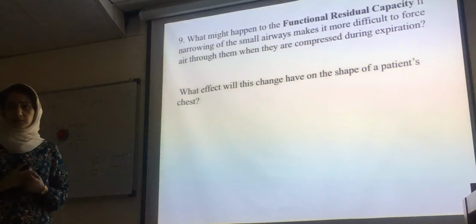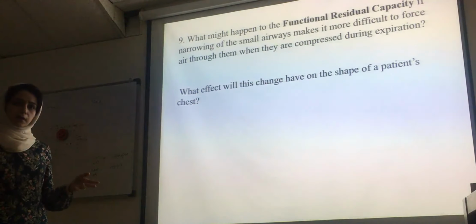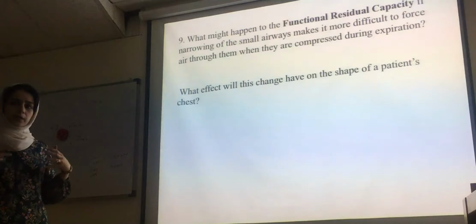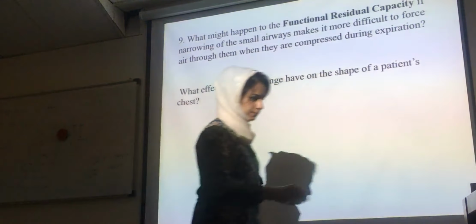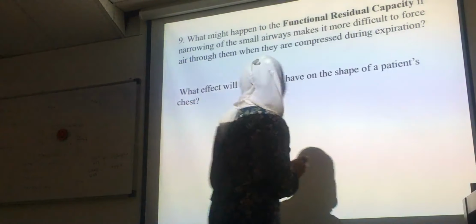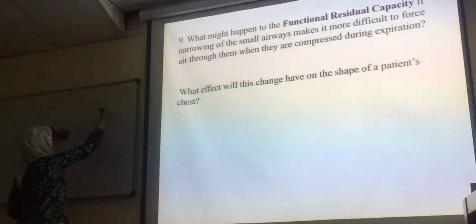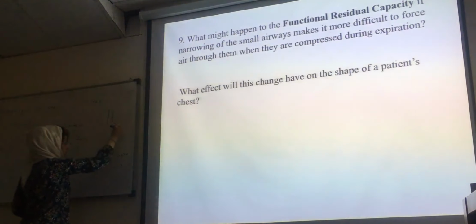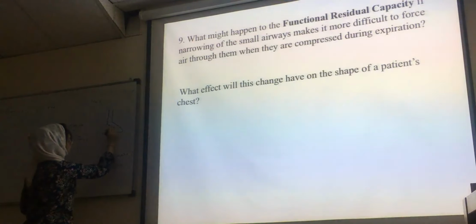This is the same as the case of emphysema, where we see increase in the compliance because of the obstruction. We can draw it here. When the air tries to go outside, keep this in mind.